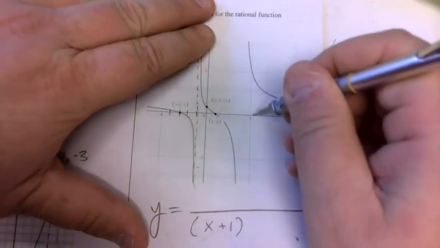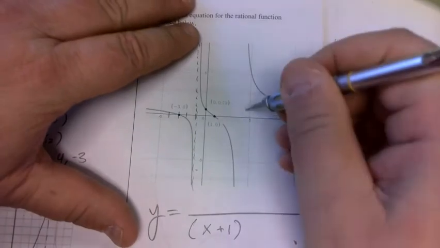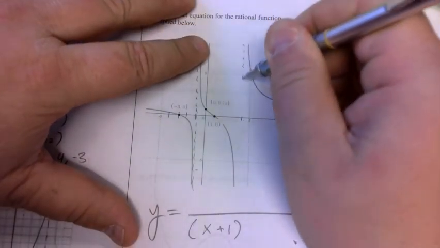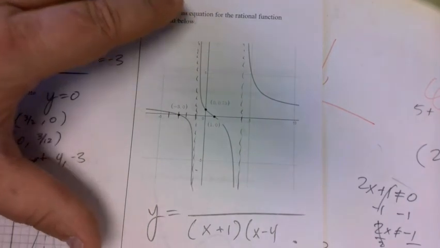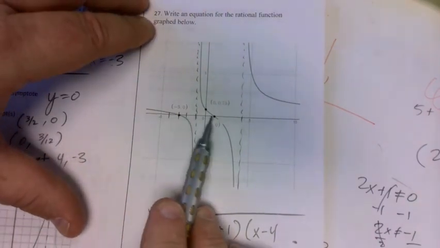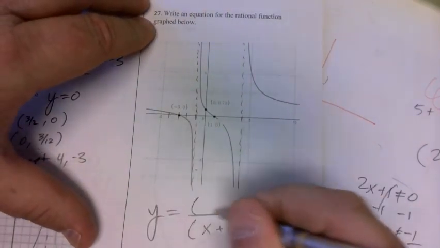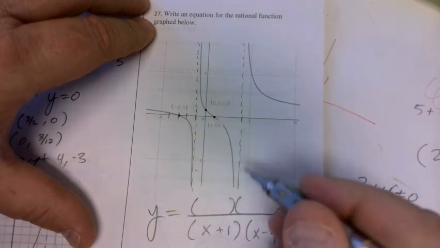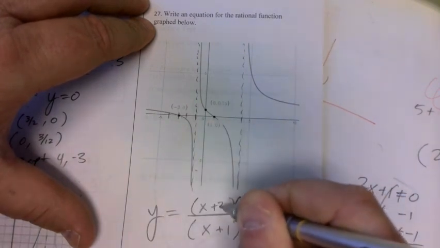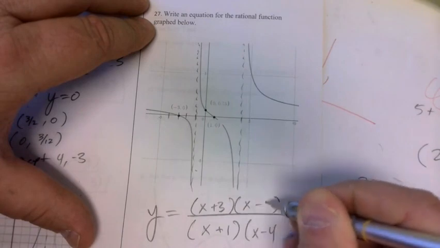There's also a vertical asymptote. It's not at 5 because 5 is right there. It's at 4, right? So x minus 4. Okay, cool. And these intercepts are going to give me factors in the numerator. Negative 3 makes x plus 3, and 1 is x minus 1.